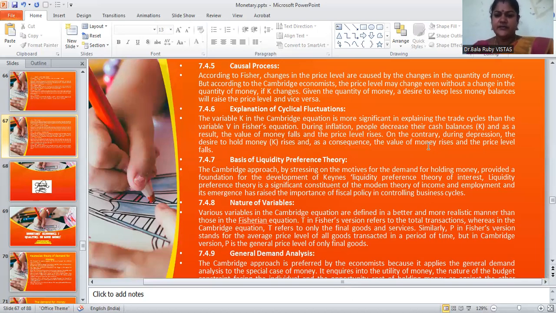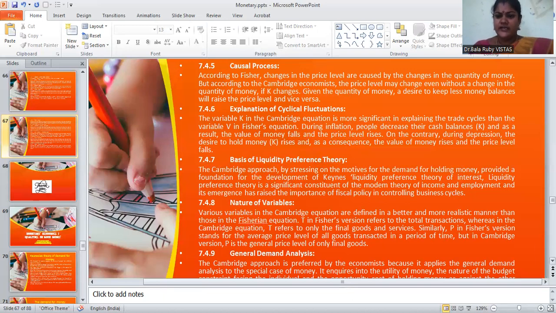T in Fisher's equation refers to the total transactions, whereas in this Cambridge equation, T refers to the final goods and services. Similarly, P in Fisher's version stands for the average price level of goods transferred in a particular time period. But in this Cambridge version, P is the general price level of only final goods.